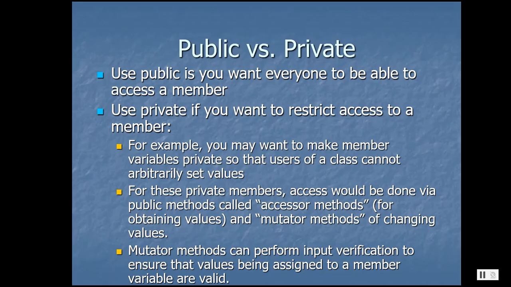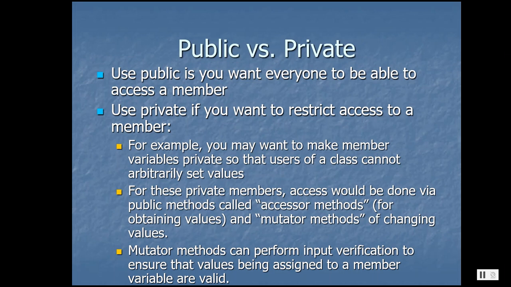So let's talk about when we would want to have something public versus private. As you probably are surmising from this, this gets at something very similar to scope. Who can access that? And so in a way, by making things private, we're narrowing the scope of them. And so the question is, what do you want to make public and what do you want to make private?